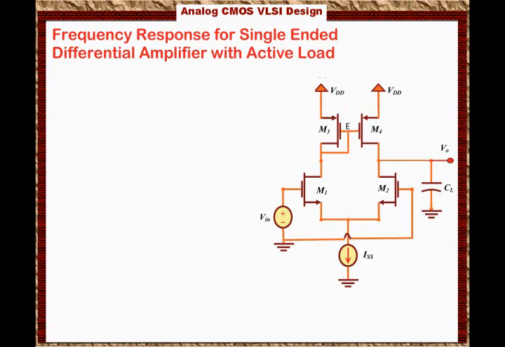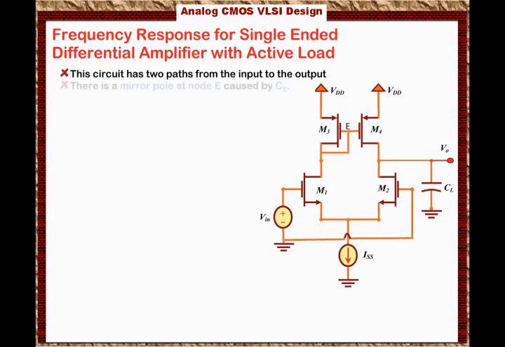Now this circuit has two paths from the input to the output. There is a path that will go through M1 to M3, which reflects to M4 and sends current to the output, and there's another path that will go from M2 and will send the current to the output, as we discussed in the previous lecture. So there are two paths for the signal to go from the input to the output.